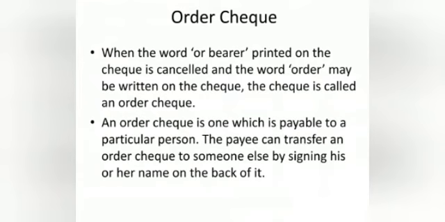The payee can transfer an order check to someone else by signing his or her name on the back of it. That means a check on which the word order appears after the payee's name is called an order check. It can be paid to the payee or to any other person according to the payee's order.